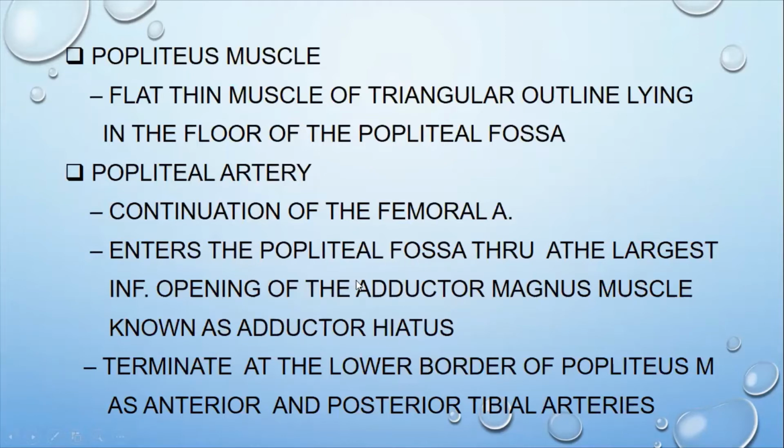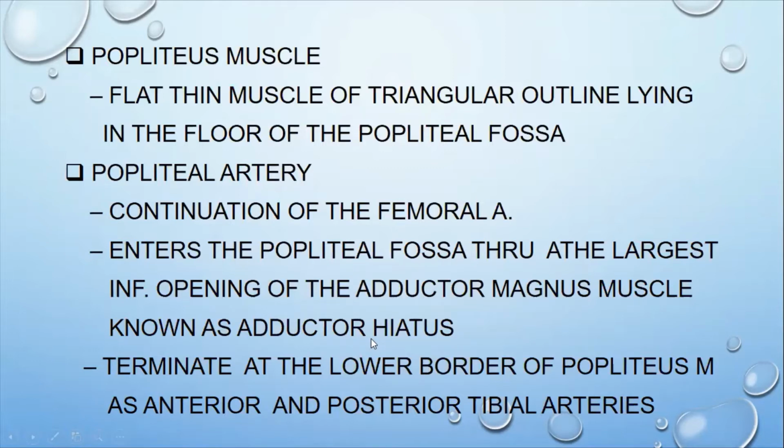Actually, there are 4 openings of the adductor magnus muscle, but they are small. But the largest is the one which will be passed through by your popliteal artery and popliteal vein.